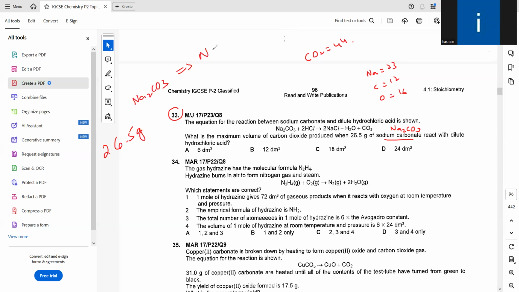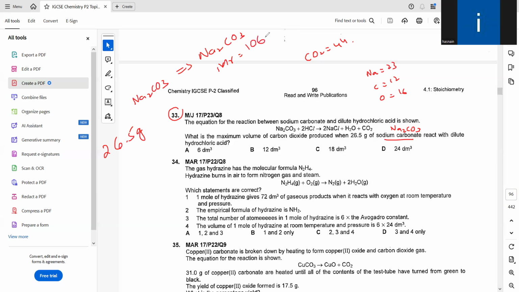What's the MR for sodium carbonate? So that's 106.